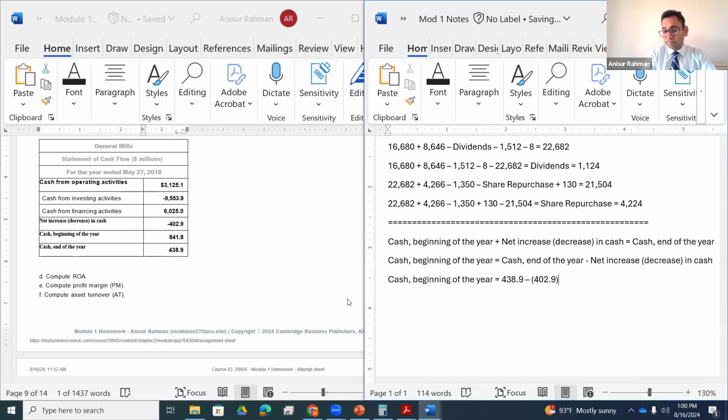Now remember, this negative and negative will become positive. So 438.9, 402.9, which is 841. So this is how to understand this, if it is not clear directly to you guys.